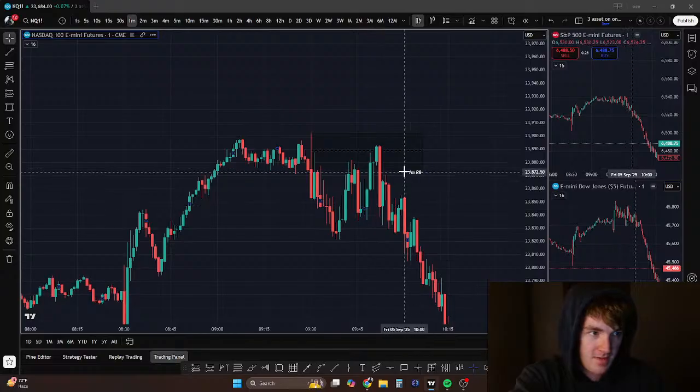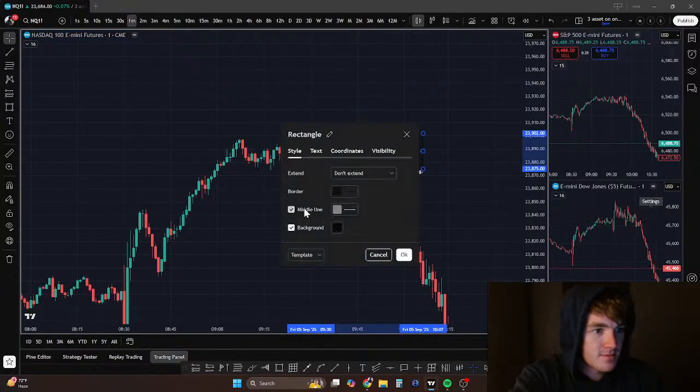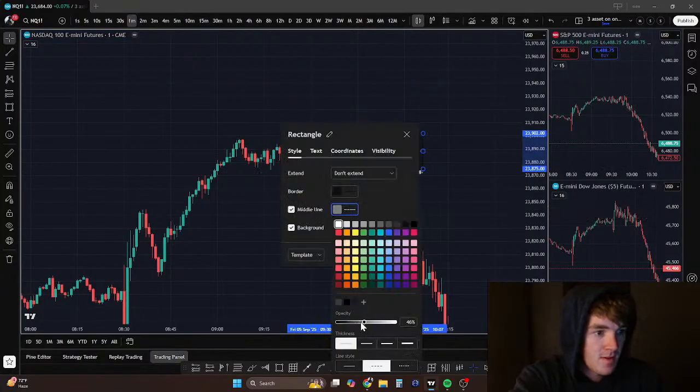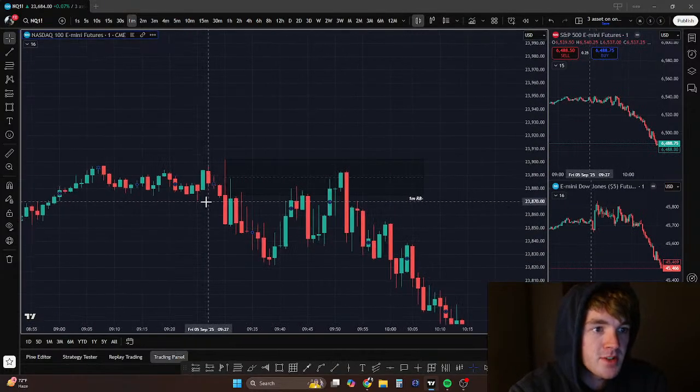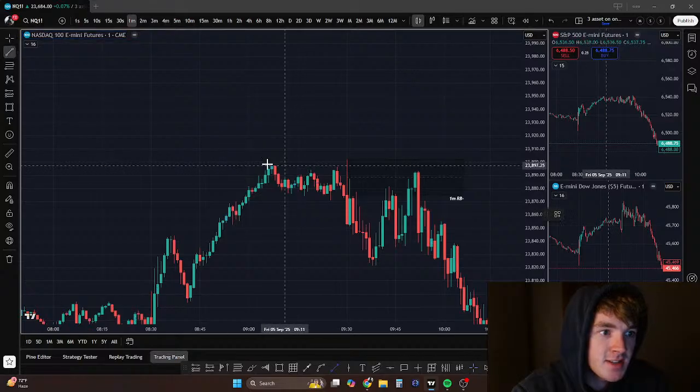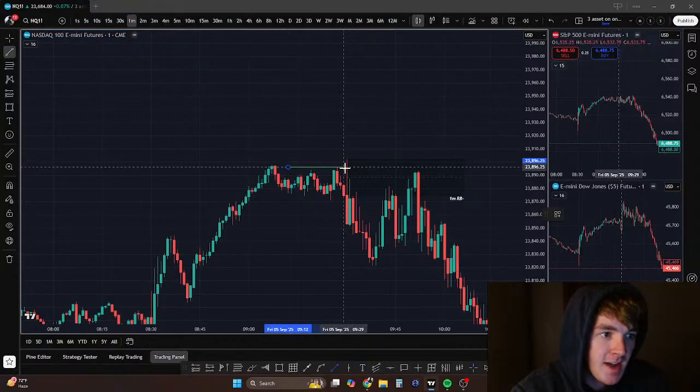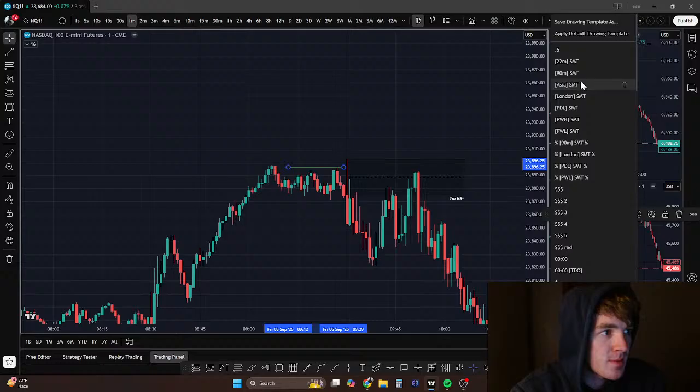Okay, look at this, Cave and random guy. One-minute rejection block swept out all these highs. So this is a high probability rejection block because we swept liquidity.